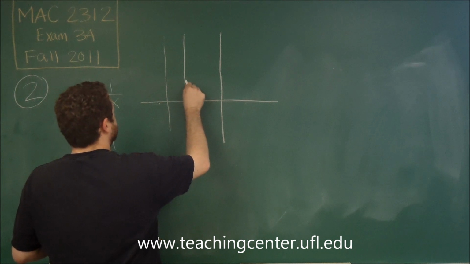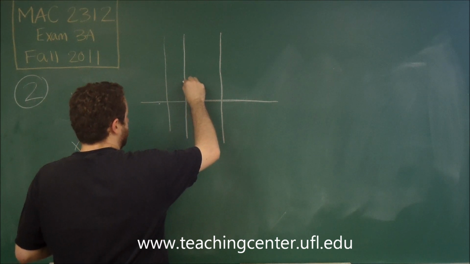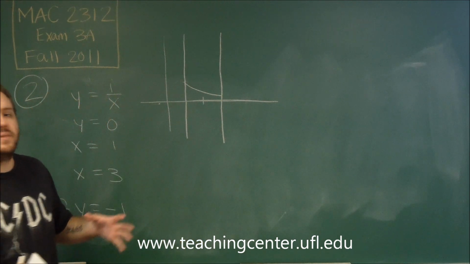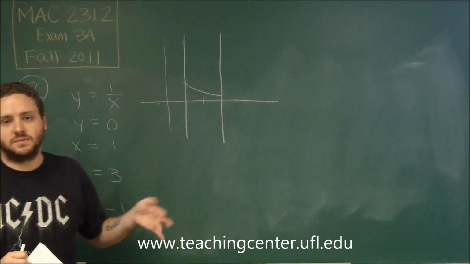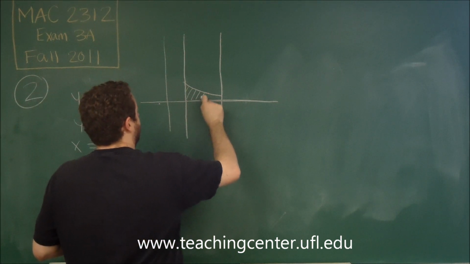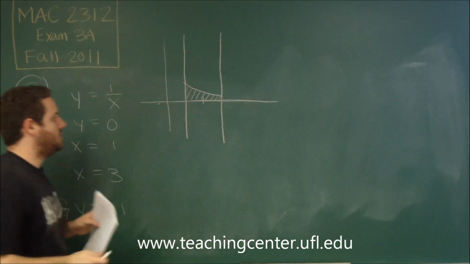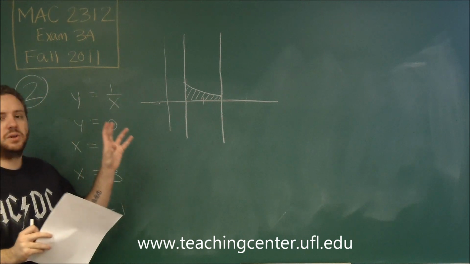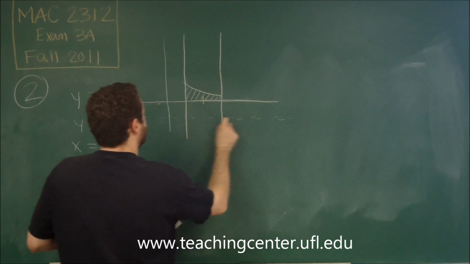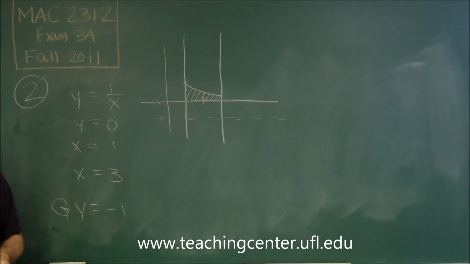So y equals 1 over x is going to start here and go down. Keep in mind, I'm only graphing the part that we're interested in between x equals 1 and 3. So this section of graph that I'm shading here is our enclosed area, and we're rotating about this dotted line, y equals -1.